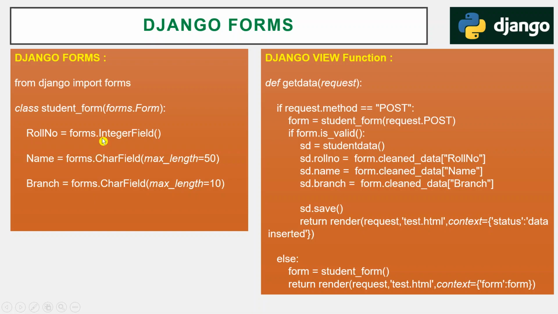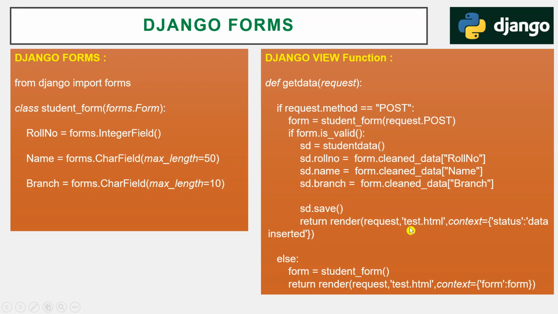In HTML forms, the data is stored in the name variable we had provided, but in Django forms, the attribute name itself is taken as the reference, friends. Please remember that. Like that it will collect all the data, store it into the corresponding attributes of the model class, save these details, and then return the confirmation message.